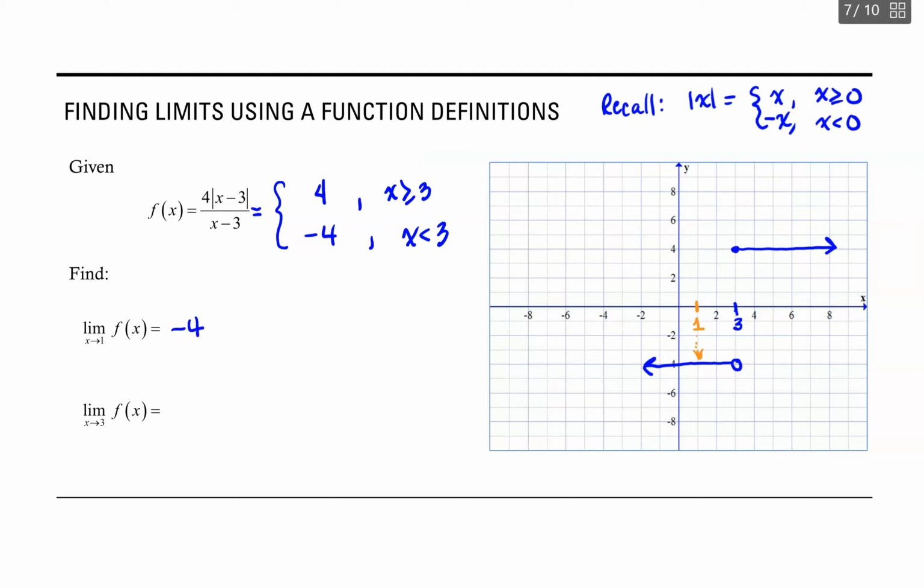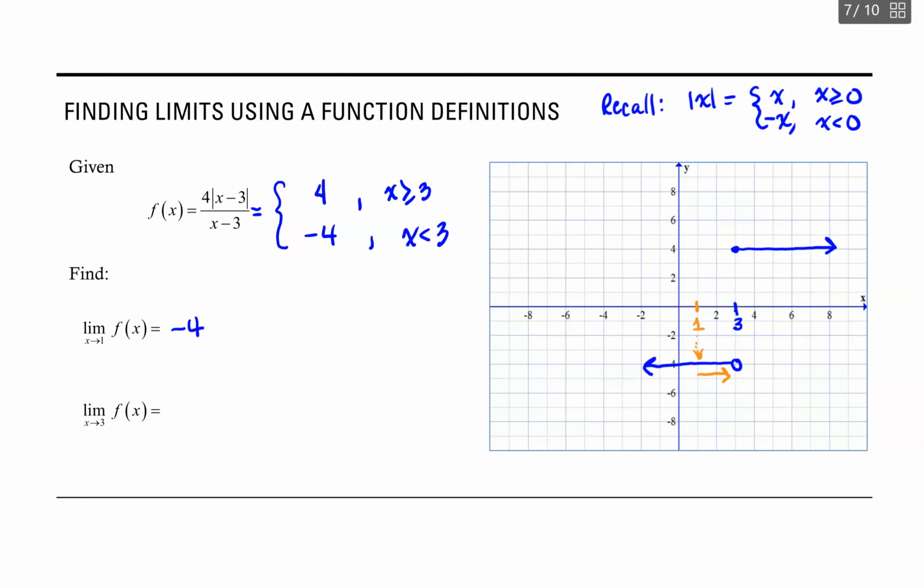So we have 3 already identified, and we can see that as x gets closer and closer to 3 from the left, our limit is negative 4. And as x approaches 3 from the right, our limit is positive 4.